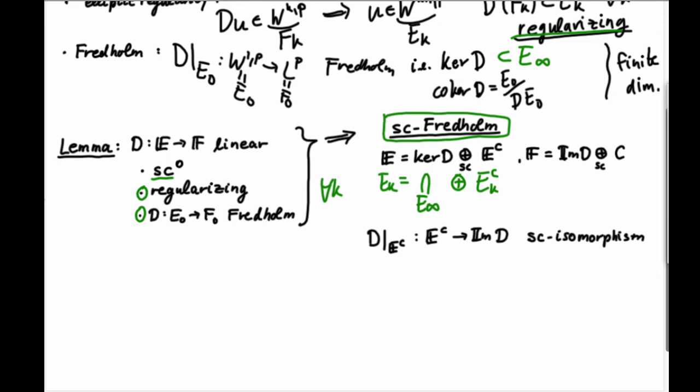And you want to play the same game in the image, so you want to write F_k as the image of D in that level, which by regularizing property is exactly D on E_k. And you want that to be a direct sum with C. And in order for C to make sense on all of these levels, you just like C to be in F infinity.